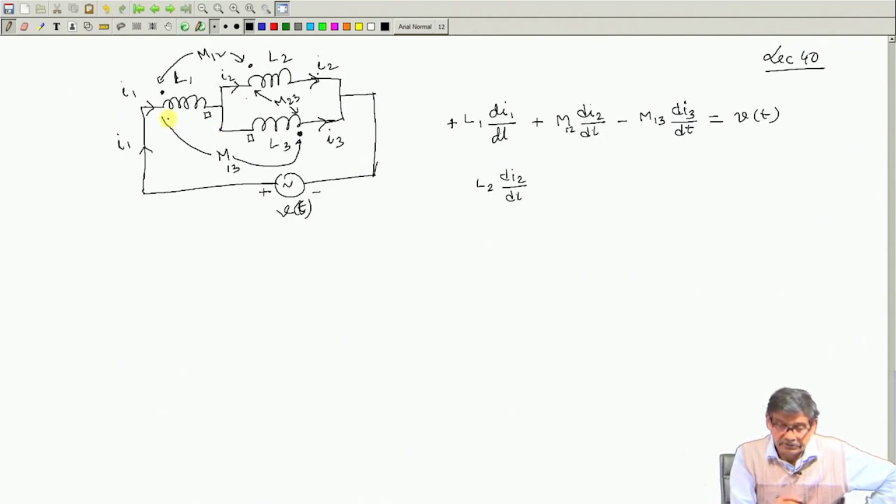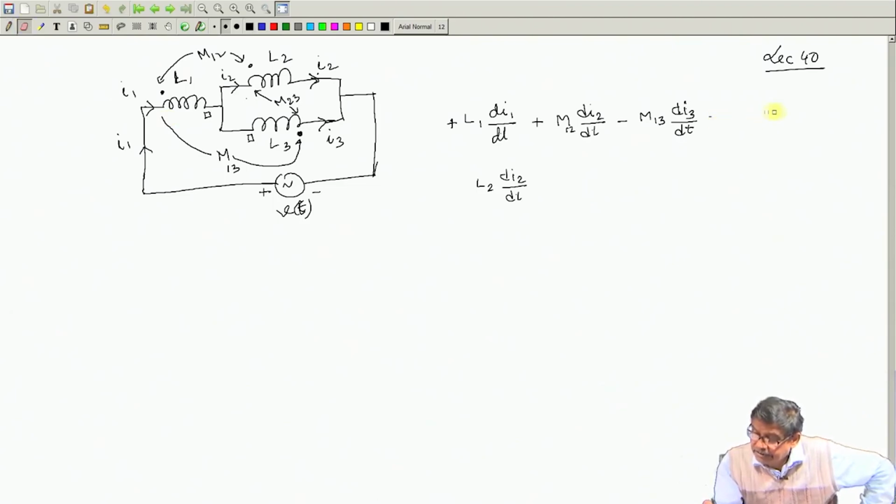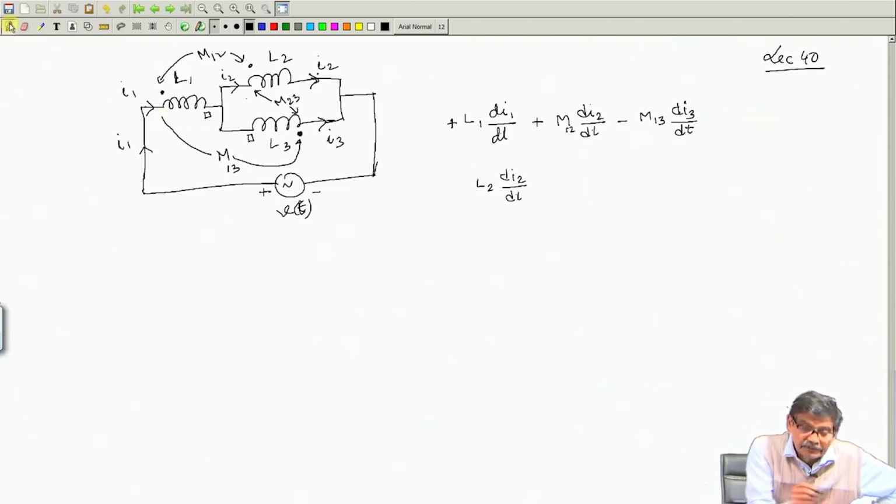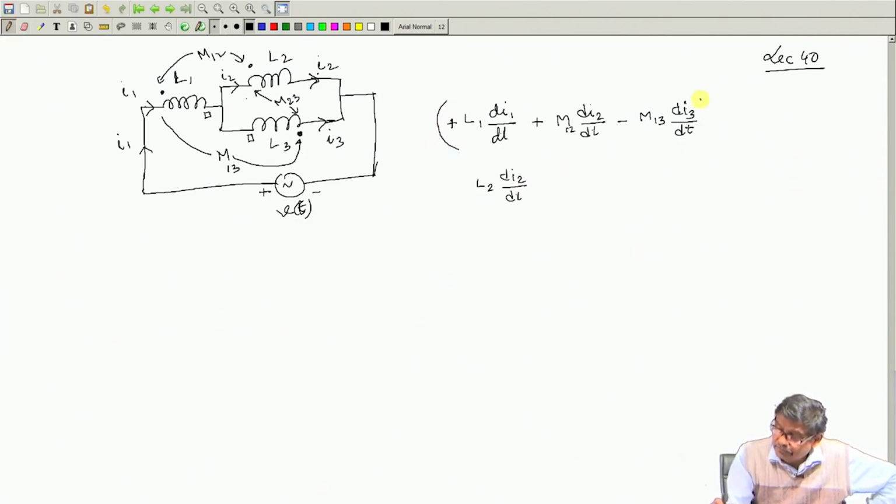This is across L1, sorry, thank you, you are right. So, this is only across L1. Then I have to write down the voltage drop between these 2 points to get Vt. So, what will those terms be?